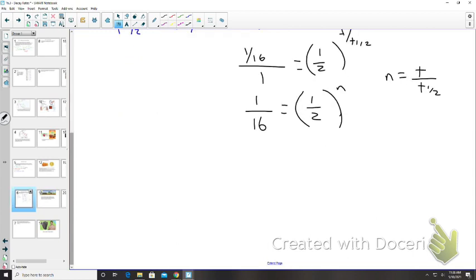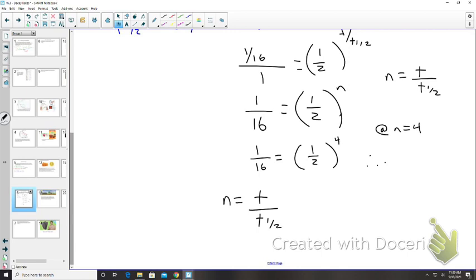Well, when N is 4, those equations will equal one another. Therefore, N is equal to T divided by T half, and we know our N is equal to 4.